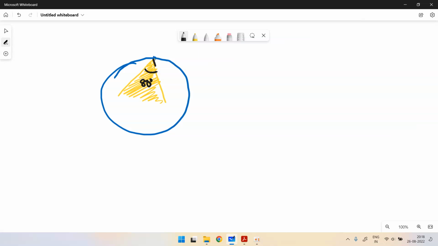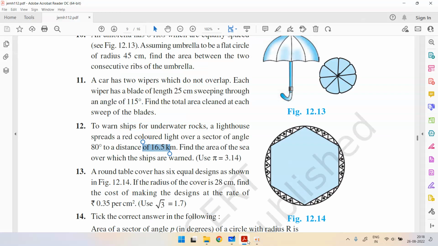This is valid up to a distance of 16.5 kilometers. So find the area over which the ships are being warned.